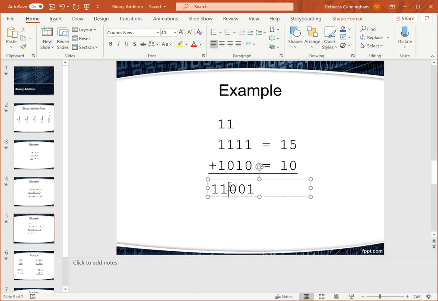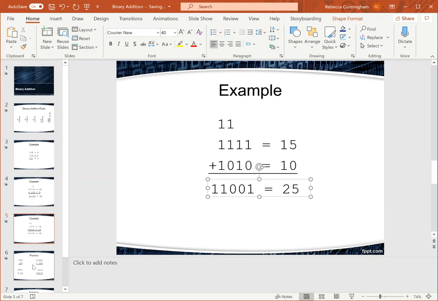And that's okay when you're doing binary addition. So we want to make sure that this equals 25. That's worth 16, and that one is worth 8, and that last one is worth 1, so 16 plus 8 is 24, and 1 does make 25. So we're good.